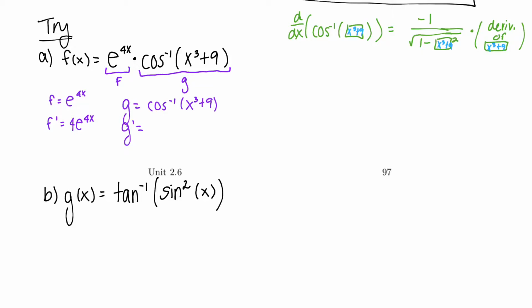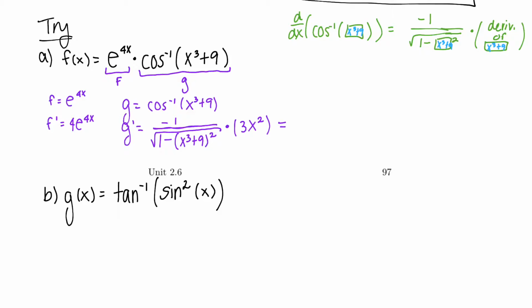G prime, so the derivative of the outside, -1 over the square root of 1 minus, make sure you put parentheses here, x cubed plus 9 squared, times the derivative of x cubed plus 9. So the derivative of x cubed plus 9 is 3x squared.